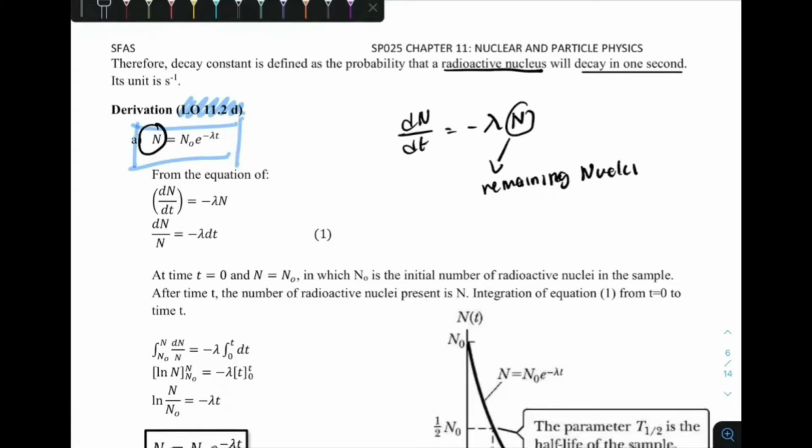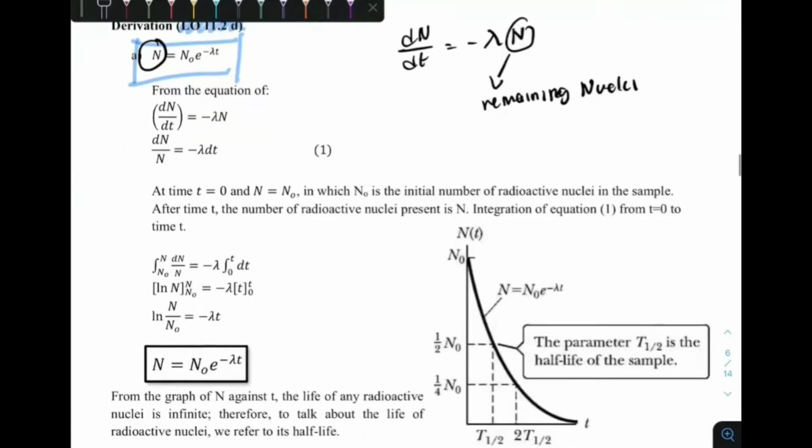So starting from the equation of dn over dt is equal to negative lambda n here, kita rearrange untuk jadikan dn dia on one side, dt dia on one side as you can see. Lepas tu at t is equal to 0, at time is equal to 0, the n here is equal to n naught, di mana n naught adalah initial number of radioactive nuclei.